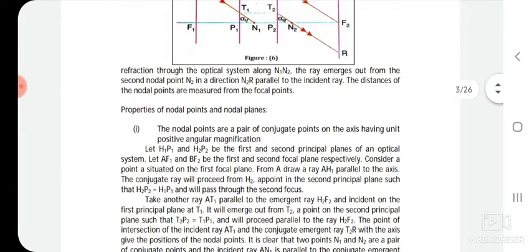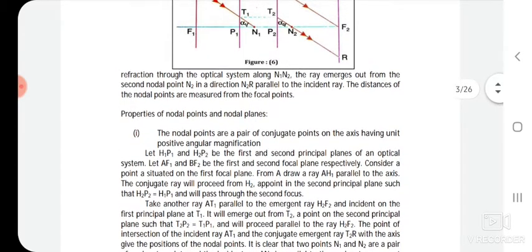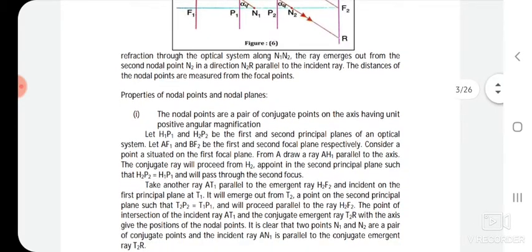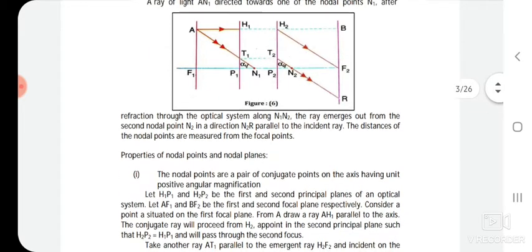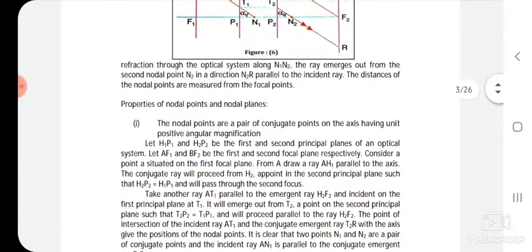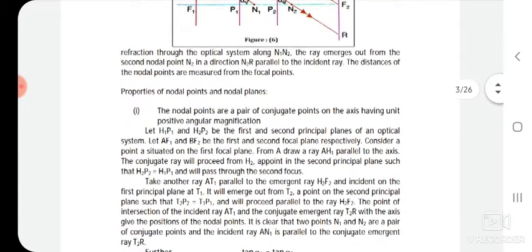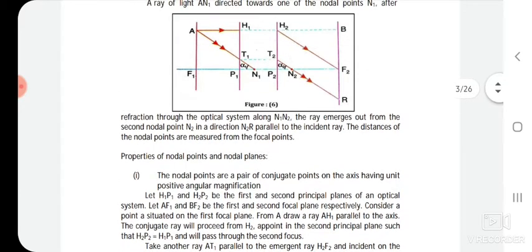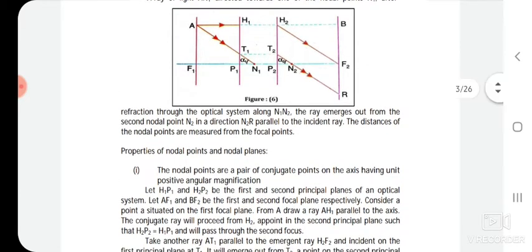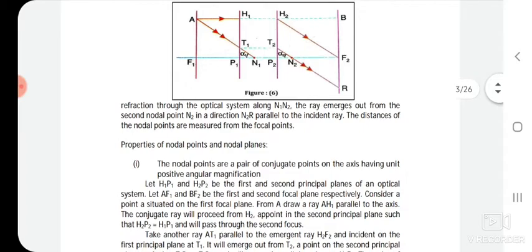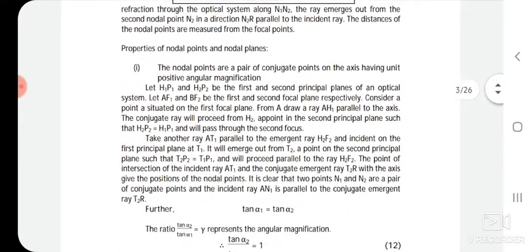It is clear that the two points N1 and N2 are a pair of conjugate points, and the incident ray AN1 is parallel to the conjugate emergent ray T2R, and it is parallel to the H2F2 also.